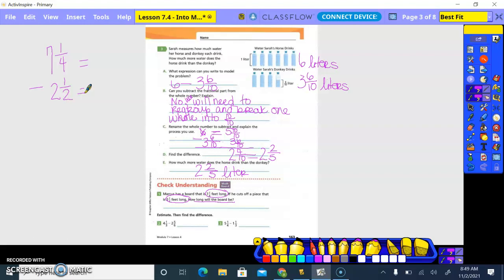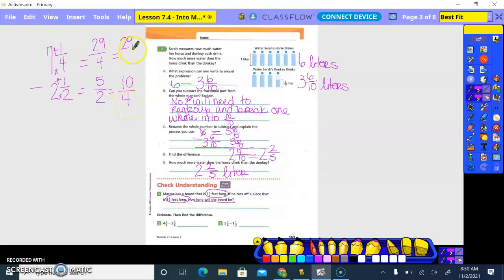Okay, so improper fraction. So I multiply, then add, right? So 4 times 7 is 28, plus 1 is 29 fourths. Okay, and then 2 times 2 is 4 plus 1 is 5. So 5 halves, which is also equal to what? 10 fourths, correct?